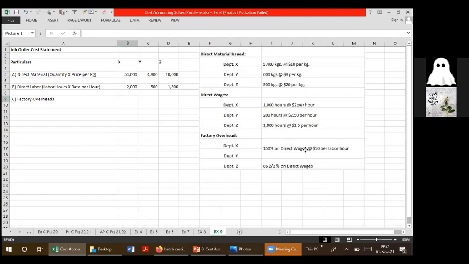So 150% on direct wages per labor hour would mean 150% on the labor hours.